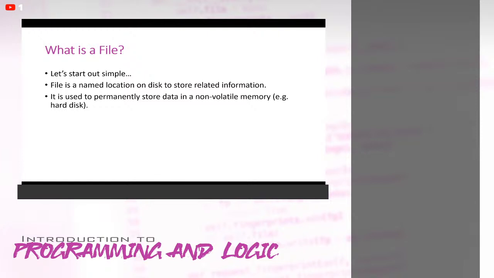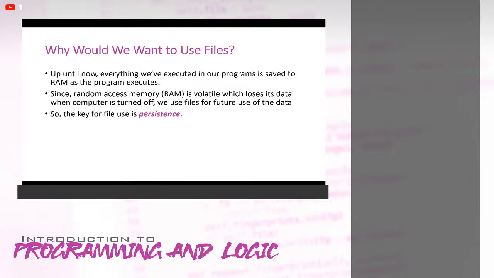So with that understanding of what a file is, we should have a better idea of why we would want to use a file. Because we want to think about this in terms of every program that we've done up until this point. When we run the program, it's storing all of the information and all of the data related to that program in volatile memory, in RAM.